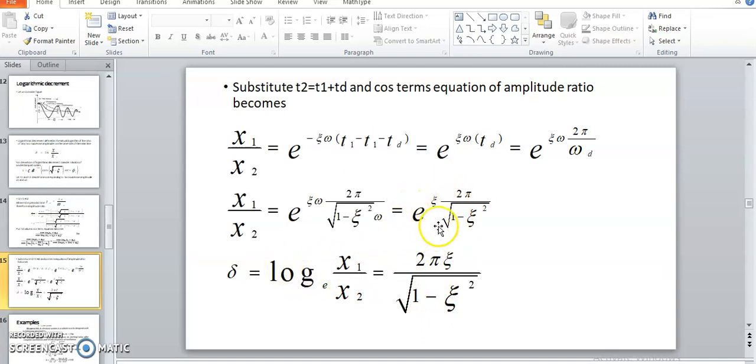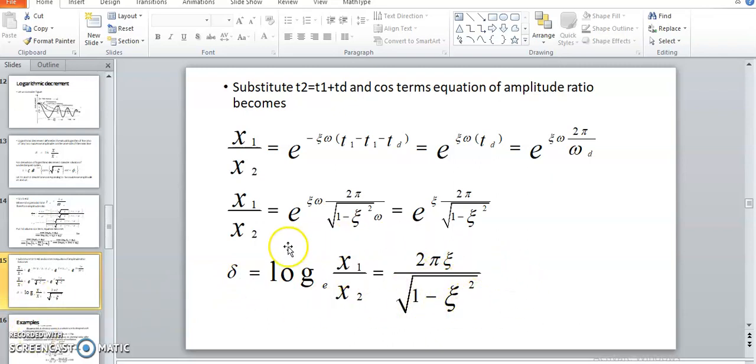This log and this e get cancelled, and we get only 2 pi zeta upon square root of 1 minus zeta square. So the logarithmic decrement delta is 2 pi zeta upon square root of 1 minus zeta square.